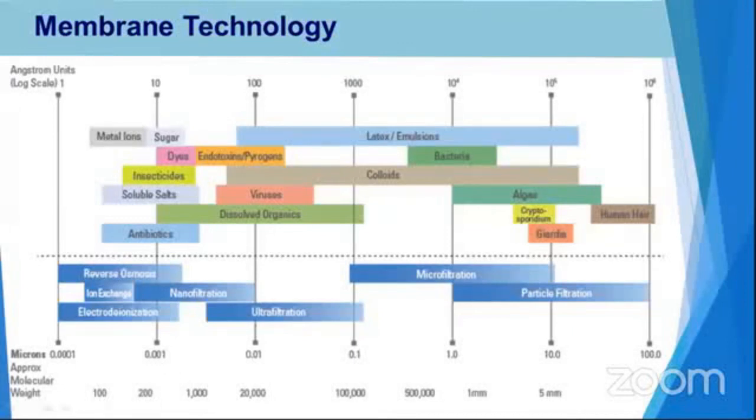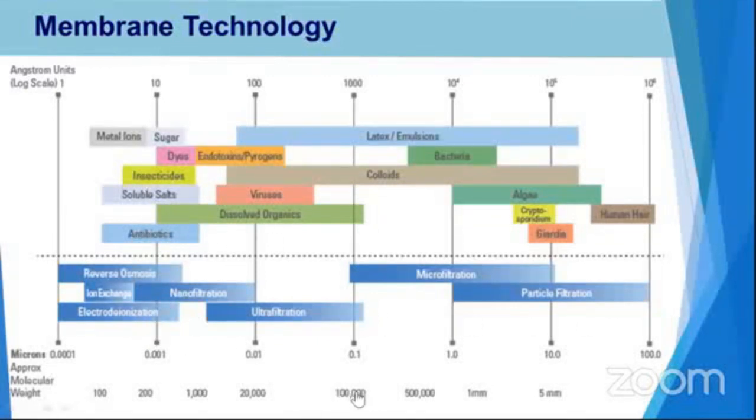And if you correlate its molecular weight, the cutoff size comes up to be 200. This is the size of the molecule. In this range, you can have antibiotics, soluble salts, insecticides, some dyes, metals, and sugar. This shows you where we can have which membrane's application.